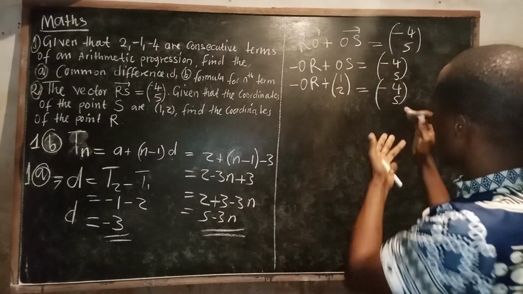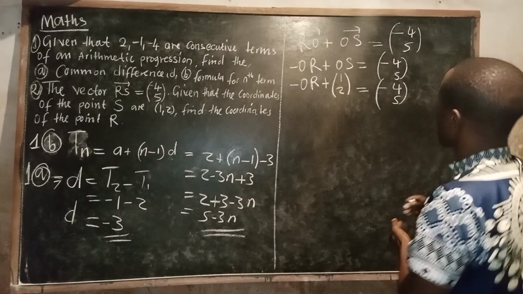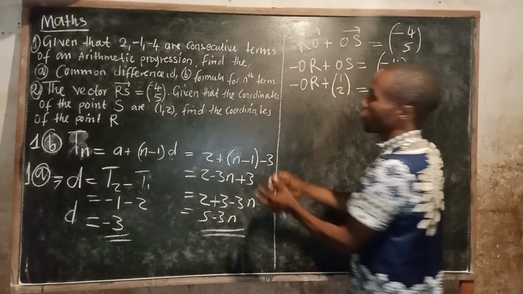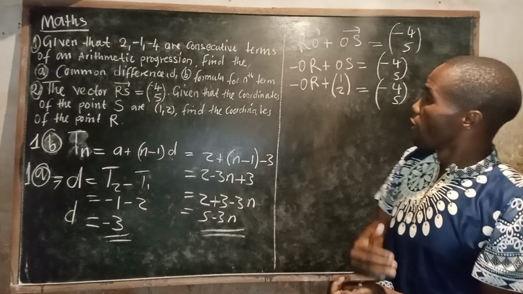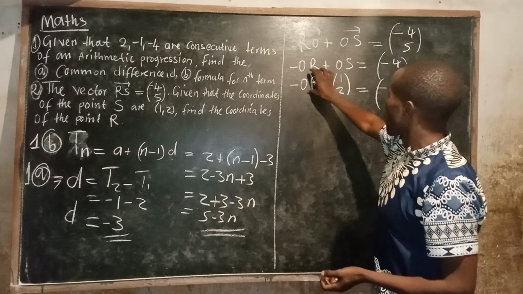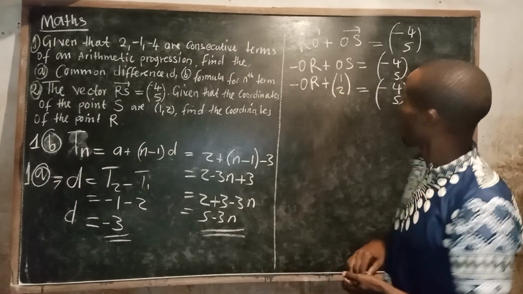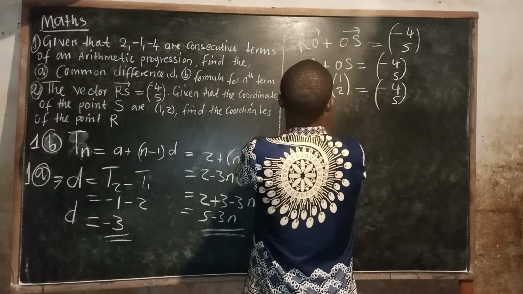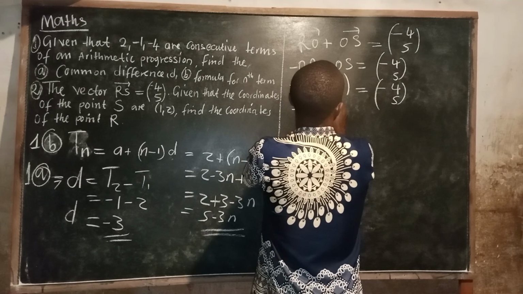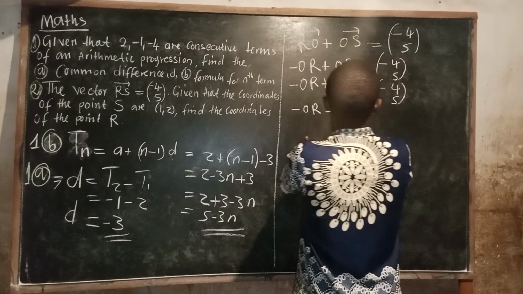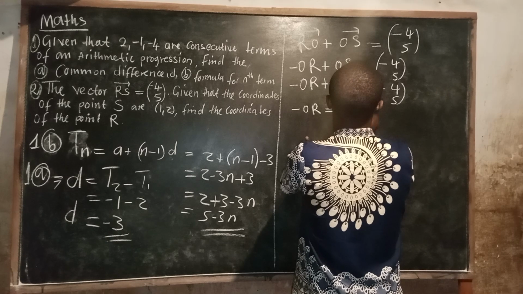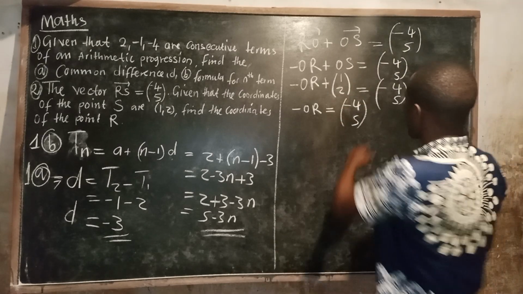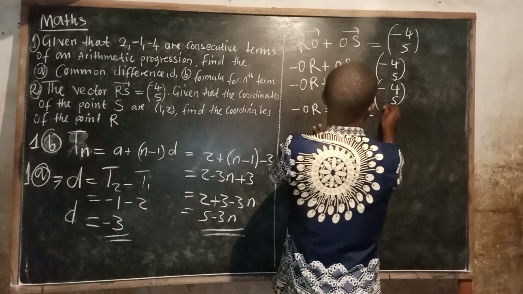Please follow these steps. Then from there, what are we going to do? Since the question says find the point R, we are looking for OR. So from there, we are going to say negative OR is equals to, collecting the like terms, here we have negative 4, then 5. Then this one is positive, and when it crosses an equal sign, it will be negative.